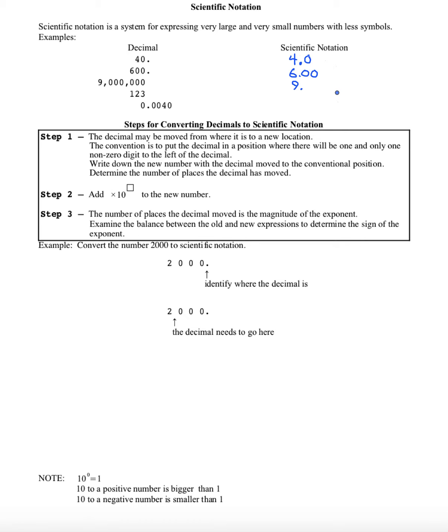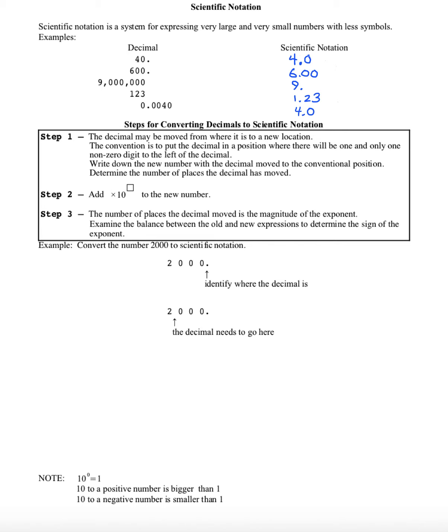And here, I don't have to keep the zeros because these are not significant zeros, because no decimal point was expressed. For 123, I'll have 1.23. And for this, we'll make it 4.0.